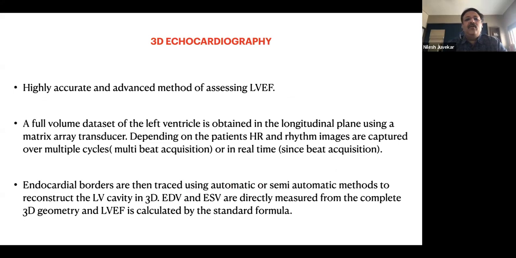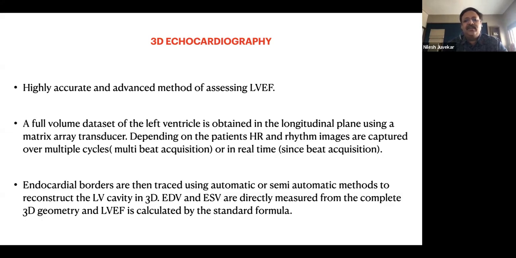Now coming to 3D echocardiography. It is a highly accurate and advanced method of assessing LVEF. Here, a full volume data set of the LV is obtained in the longitudinal plane using a matrix array transducer. Depending on the patient's heart rate and rhythm, these images are captured over multiple cycles, which is called multi-beat acquisition, or in real time, which is called single beat acquisition.